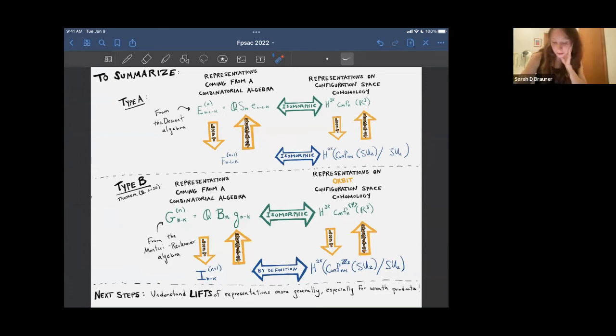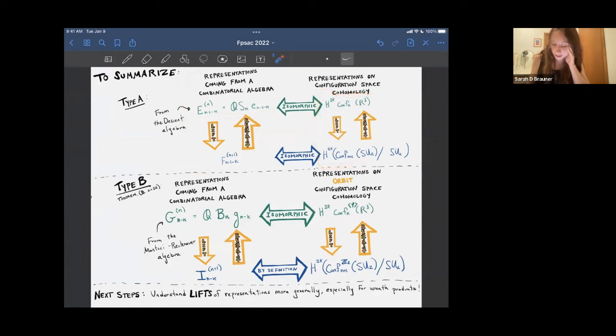So originally, when I was trying to generalize this picture, I started on this side and I was trying to find a lift of the Bn Eulerian representations, which wasn't working. And I think I proved to myself that they couldn't lift. That was an impossible task. And so then I decided to work more on the topological side.